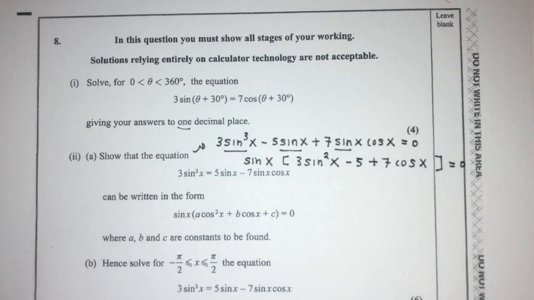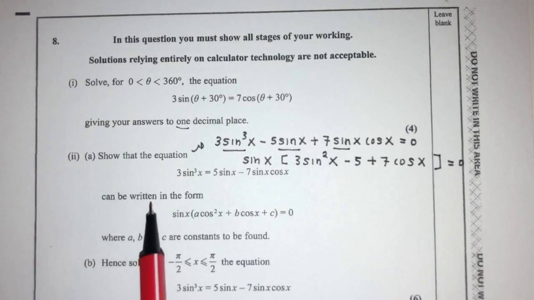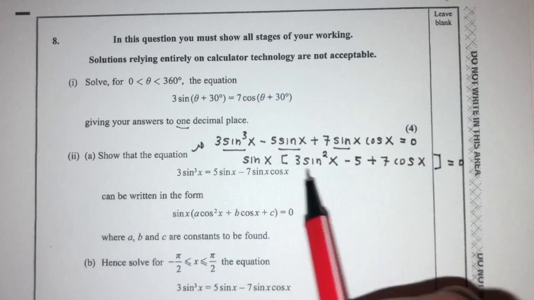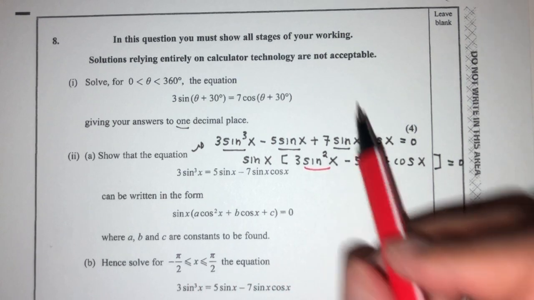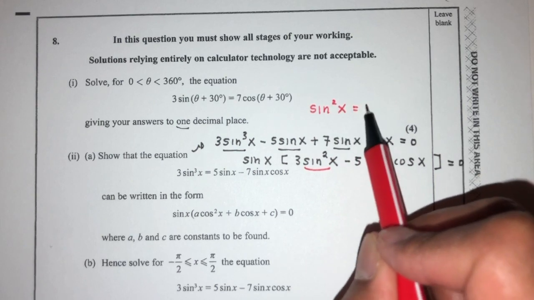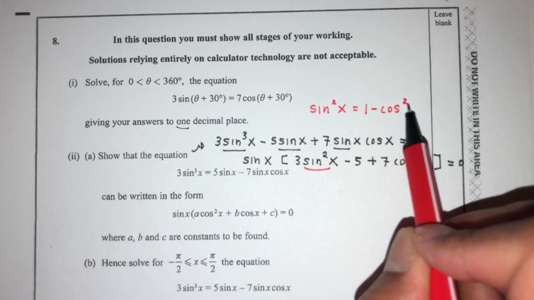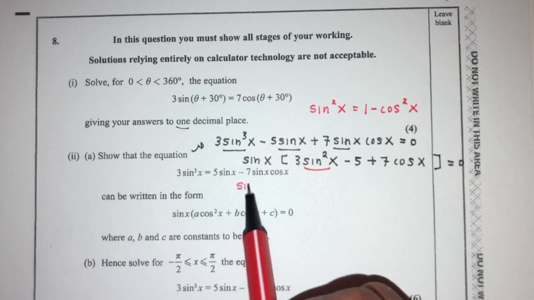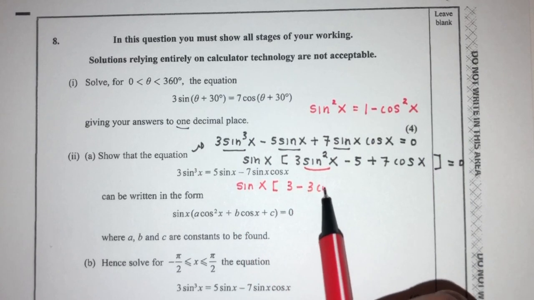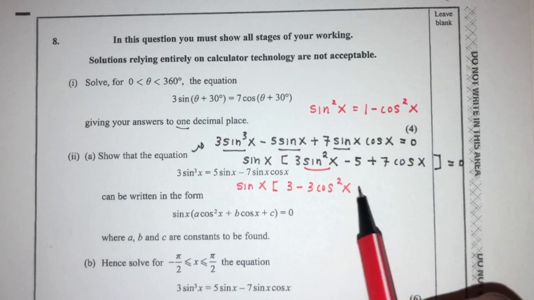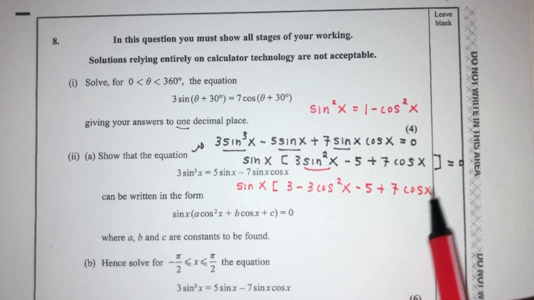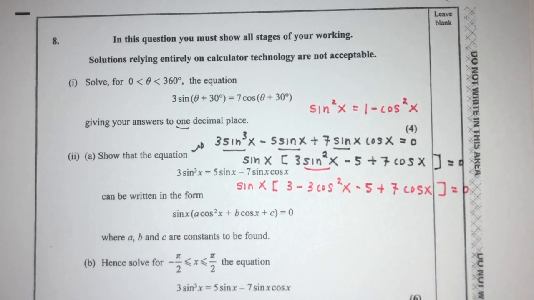Right. Now as you can see, we are trying to find an expression where we don't have any sine inside here. So we have to change this to cos. Now we know that sine squared x is equal to 1 minus cos squared x. So you will have sine x times (3 minus 3 cos squared x minus 5 plus 7 cos x) equal to 0, obviously.